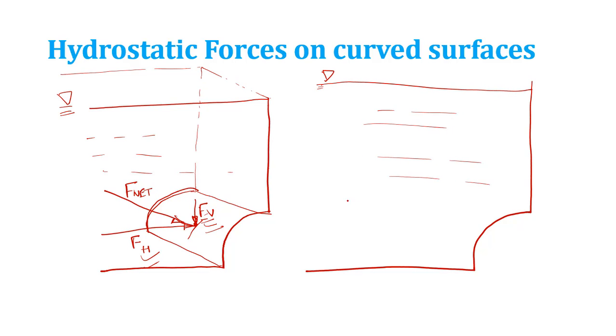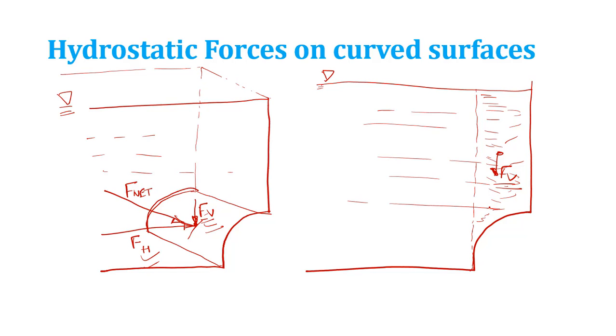So let's suppose I draw an imaginary line here. Whatever volume of water is present above this surface, that weight will be applied on this surface in the vertical direction. That will be nothing but Fv.